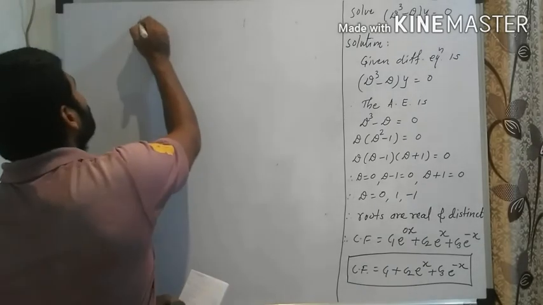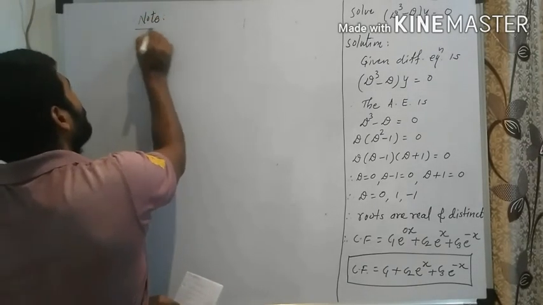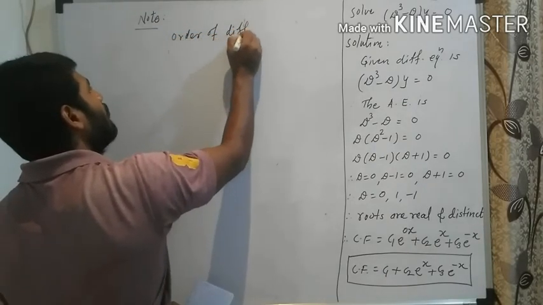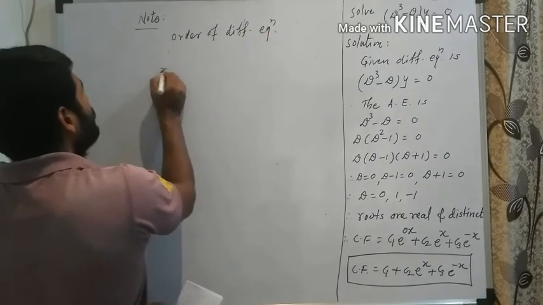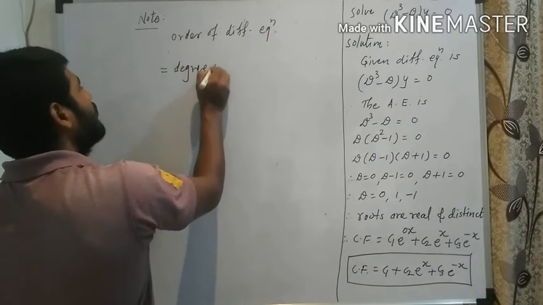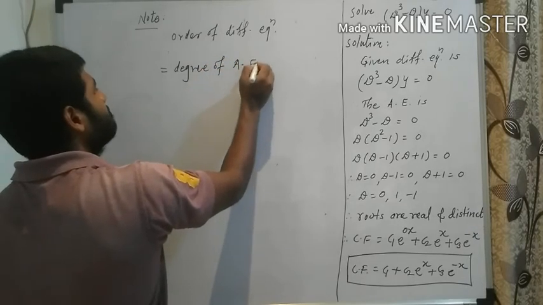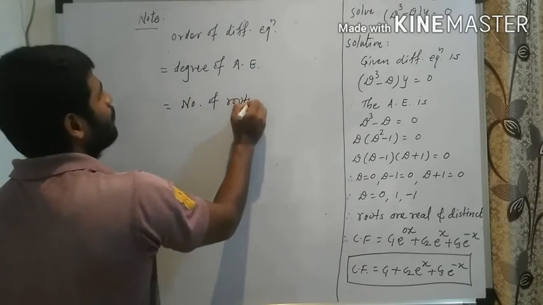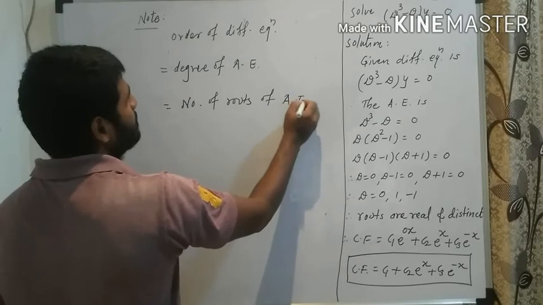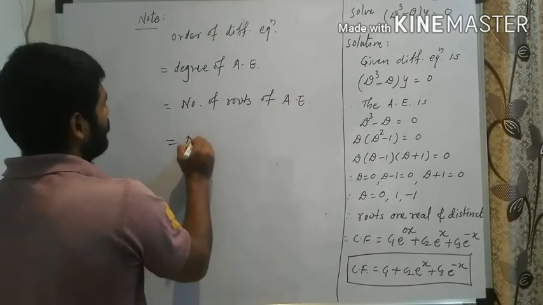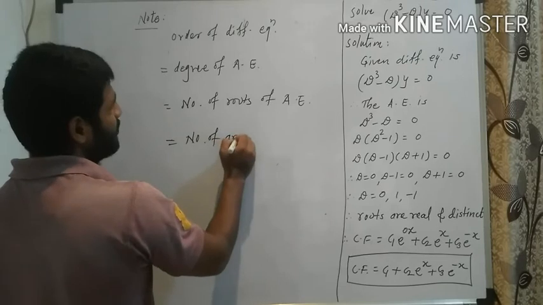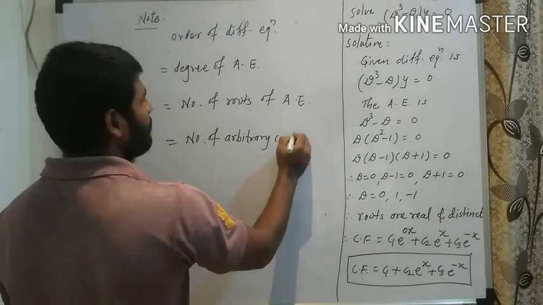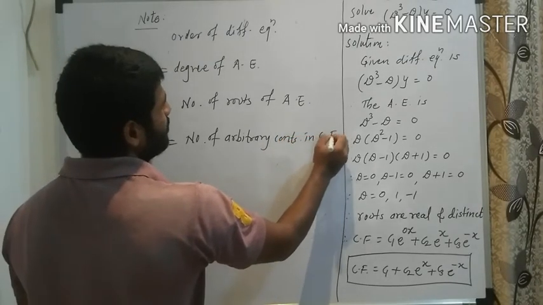First one is, so note down this: order of differential equation is equal to degree of auxiliary equation is equal to number of roots of auxiliary equation, that is equal to number of arbitrary constants in complementary function.